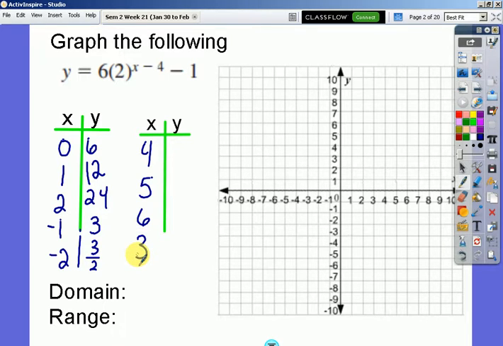And then -2 becomes 2. Right. How will our y's change? Subtract 1 from each of our y's. So 6 minus 1, 5. What's my next y? 11. Next. And then, of course, just subtract 1 from that and you get 1.